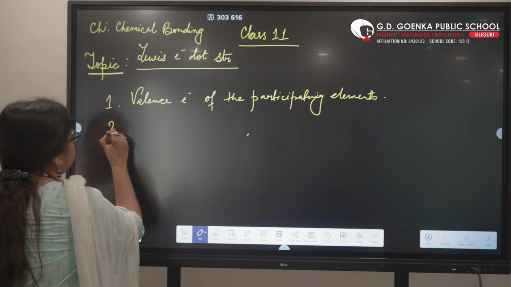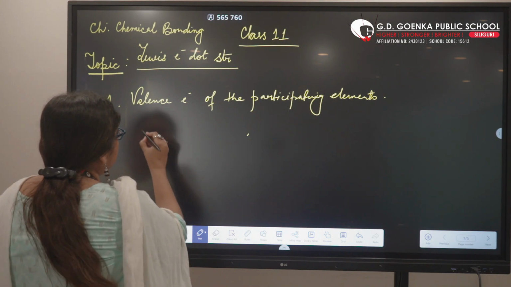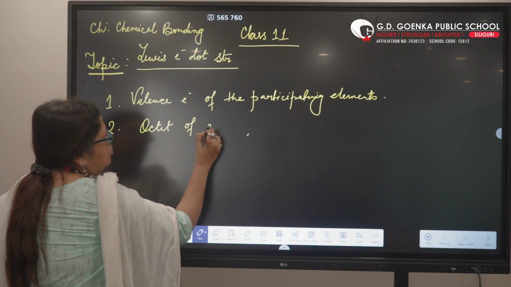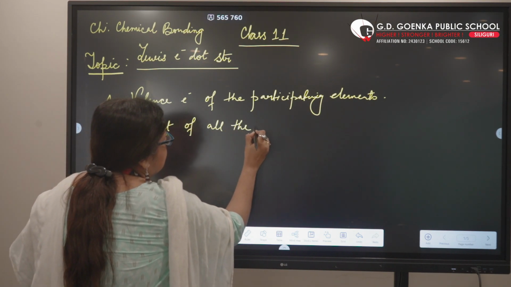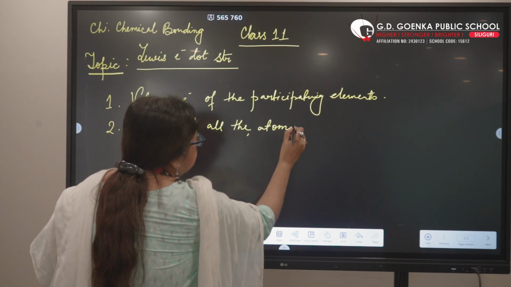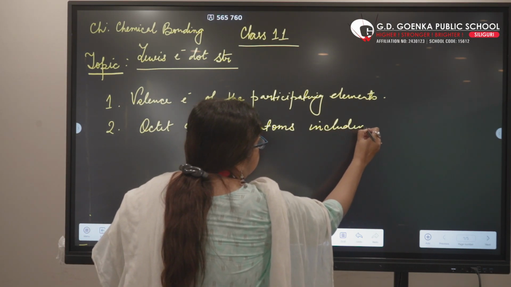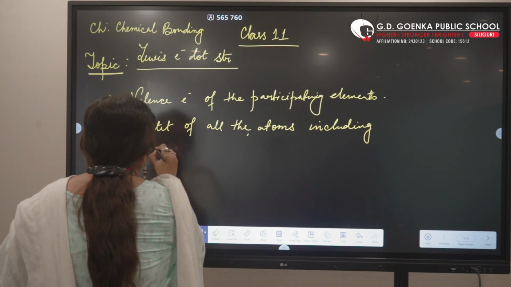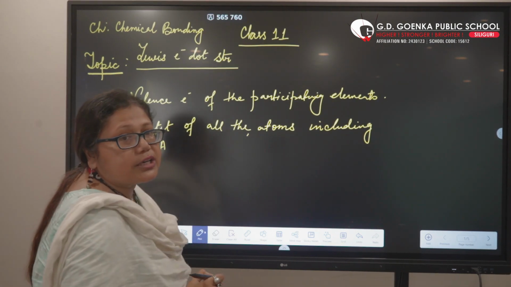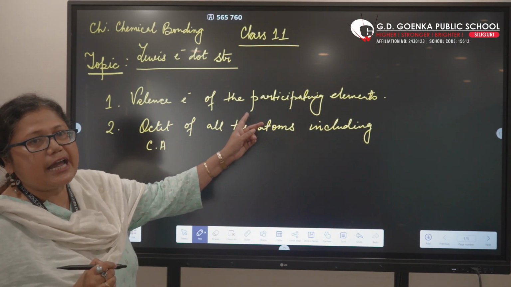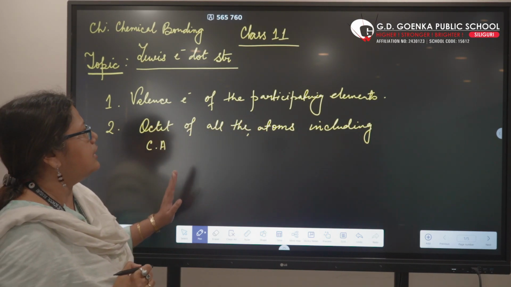The second point that we must keep in mind: we have to complete the octet of all the atoms, including the central atom. That is, the octet rule has to be completed for all the participating atoms including the central atom.